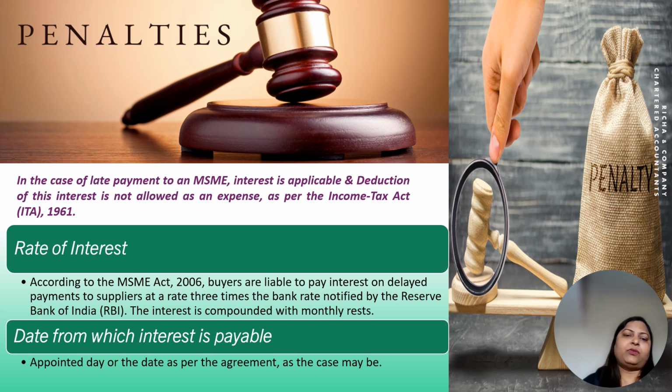So what will be the interest rate? The buyers are liable to pay interest on delayed payment at 3 times the bank rate notified by the RBI. And interest will be compounded with monthly rests.